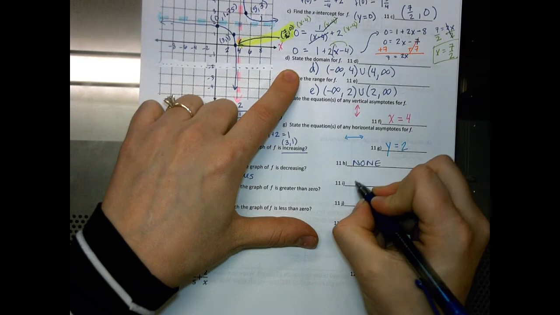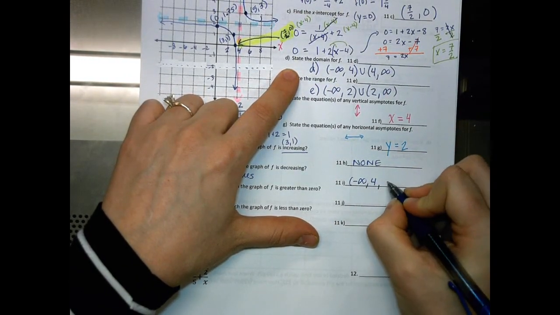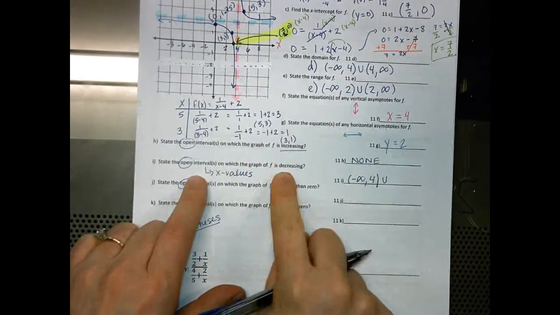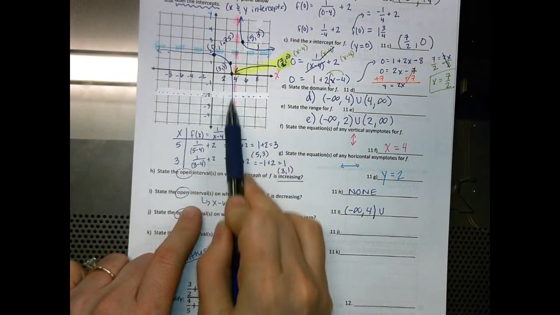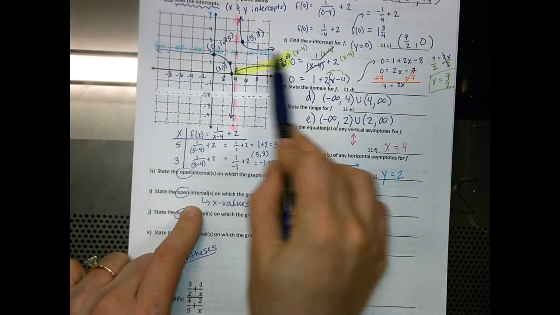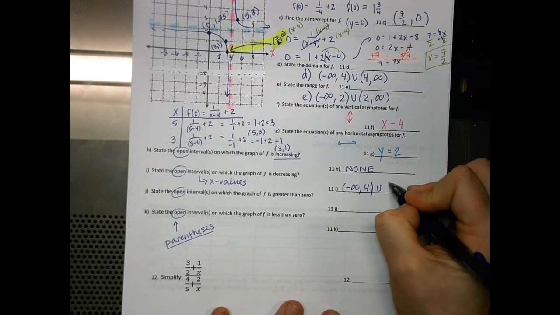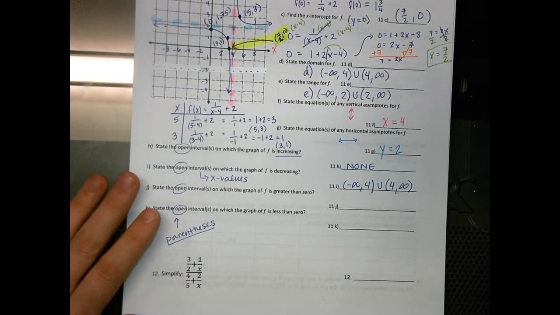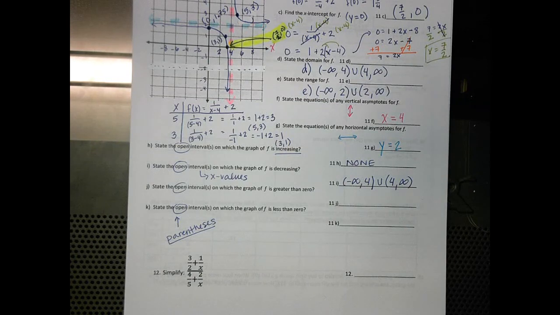So my domain should be my solution for my decreasing intervals because all of my x values until 4 and then all of my x values till infinity. So we just want to skip over the value of 4. We're not decreasing if I don't have any points there.